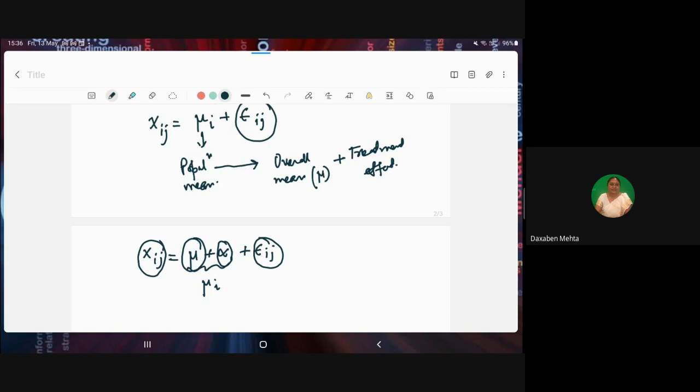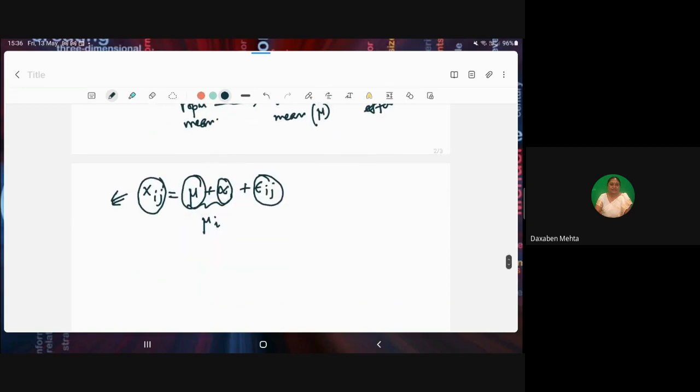So overall mean, treatment effect plus random error, these three things produce any kind of data. If you have already done ANOVA, you know that this kind of representation is what we deal with in ANOVA.